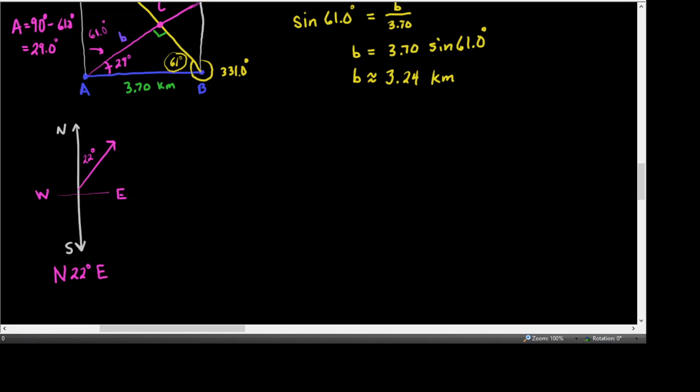And so the way that we name this is either north or south first, the acute angle from north or south, and then which way did you move from north or south to get there? Did you move in an easterly direction or a westerly direction? So let's just look at some more examples of these.